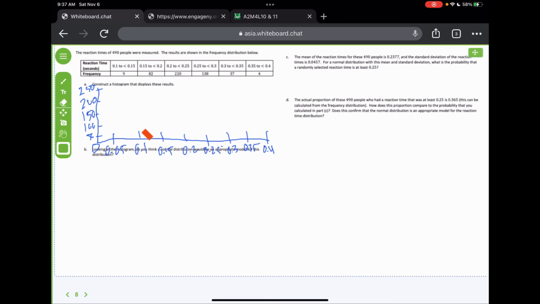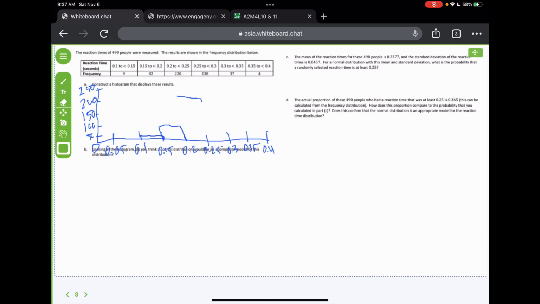It's going to be barely above the line. Okay. Now from 0.15 to 0.2 is going to be 82. Okay. 0.2 to 0.25 is 220.